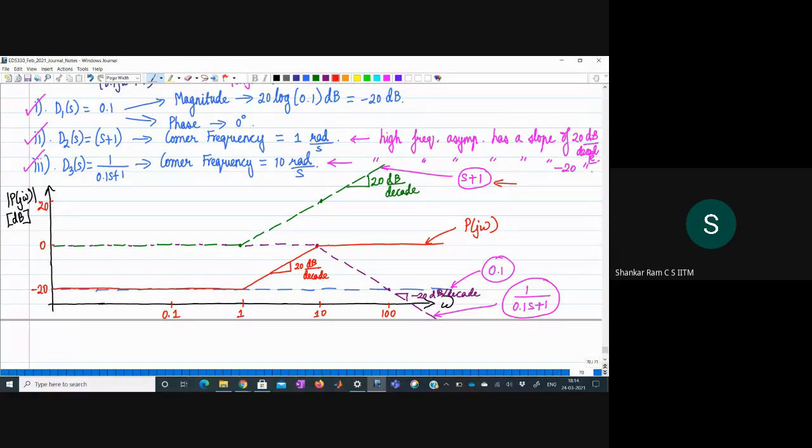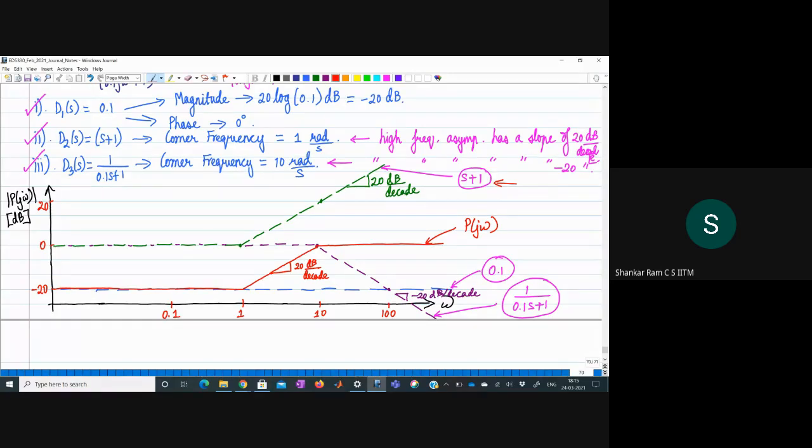All right, so it's a very simple example wherein we have plotted the Bode plot. Okay, so I hope it is clear, right? So how we got this, right? Essentially, we have the Bode plot or the magnitude plot of the sinusoidal transfer function P of j omega starting at minus 20 for low frequency.